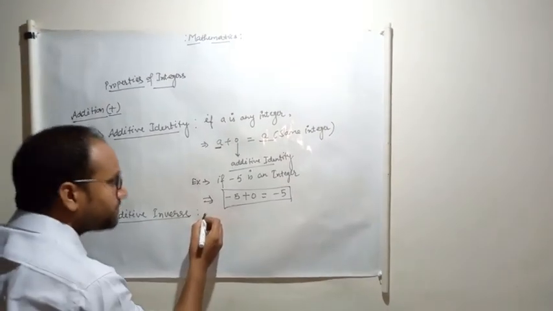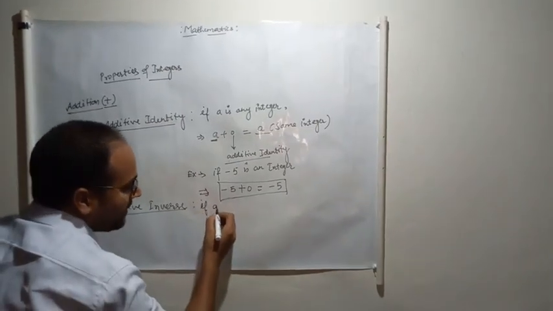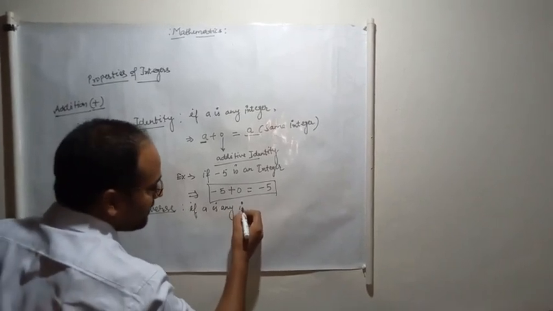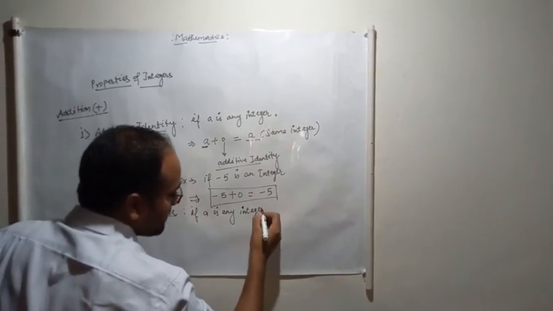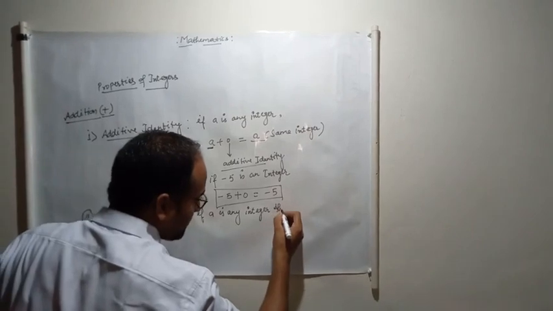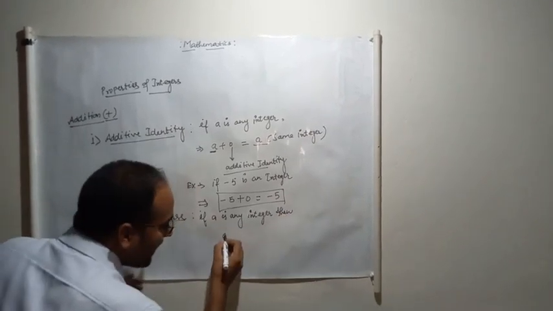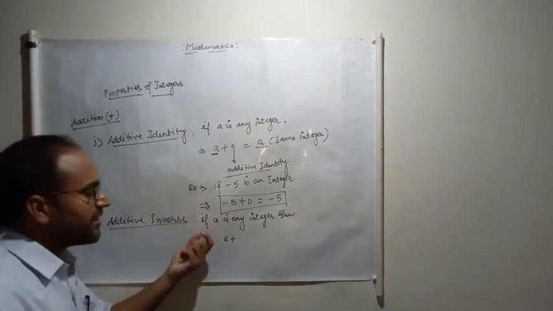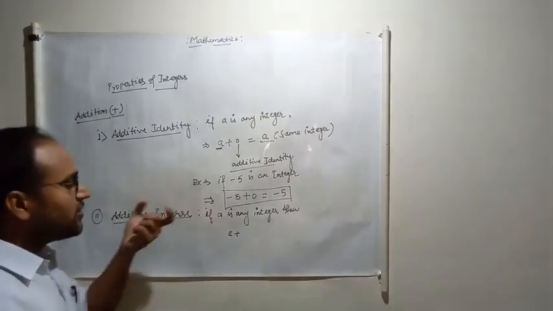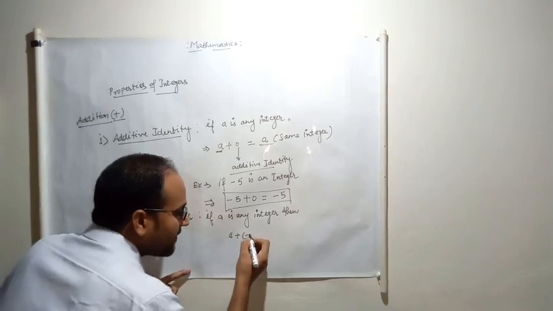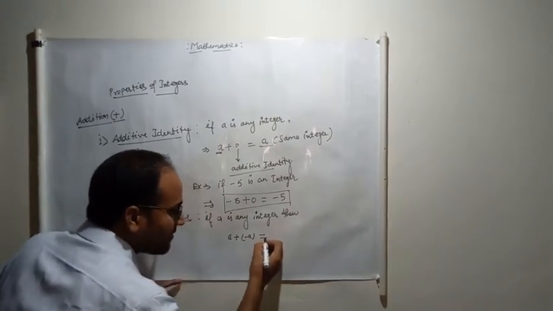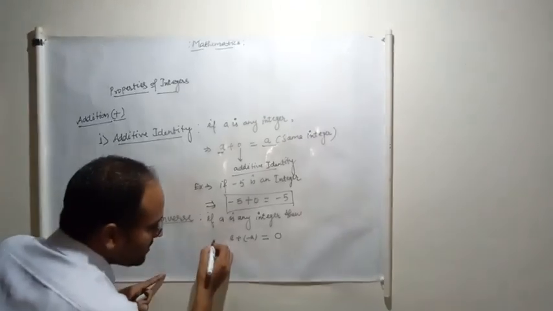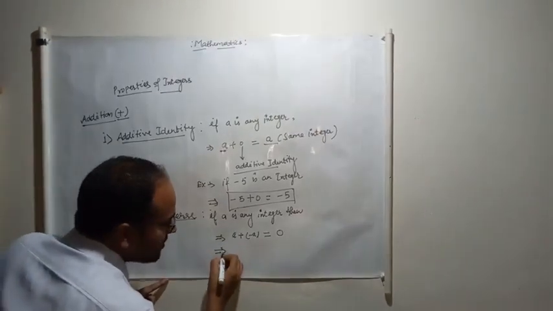So if a is any integer, then its additive inverse is just opposite in sign. If it is a, then its additive inverse is minus a, and if we add these, we always get 0.